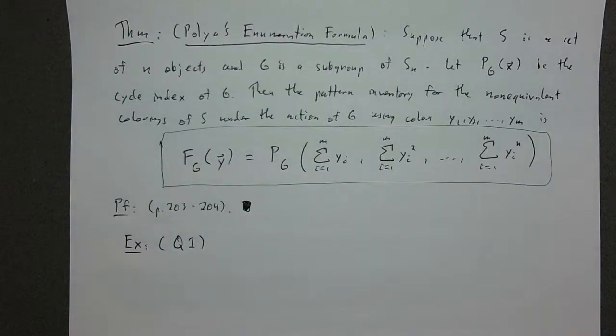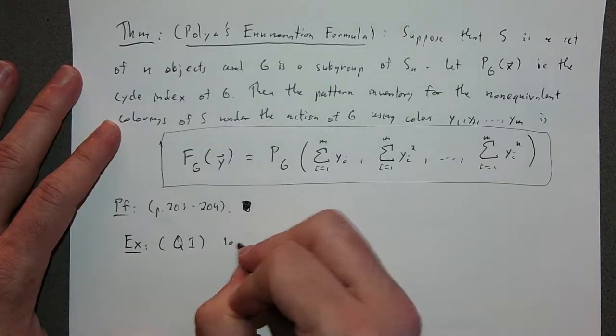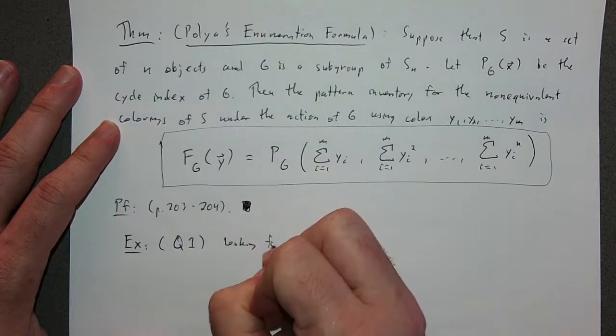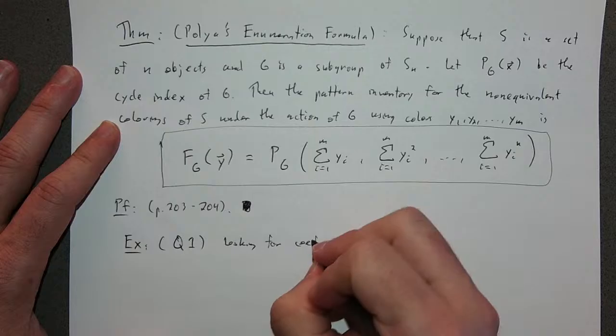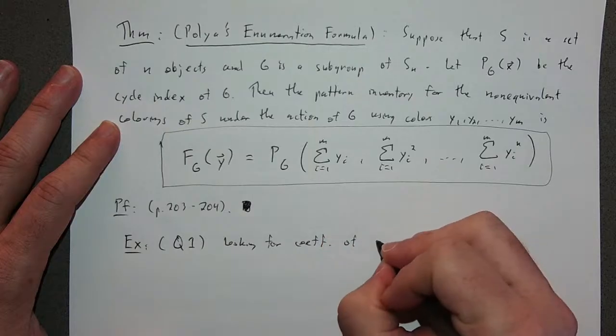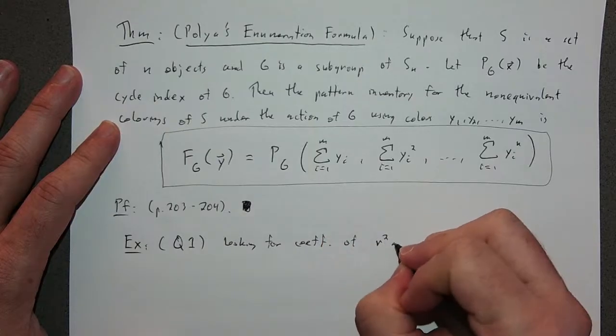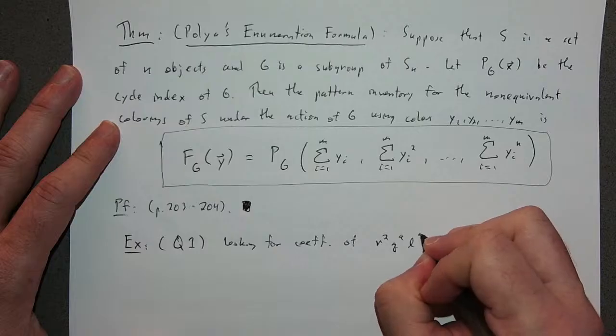So we can compute the pattern inventory using this enumeration formula. Of course, with this many terms, what is the ultimate result of this? Remember, I'm looking for the coefficient of r squared q to the 9th L to the 9th.